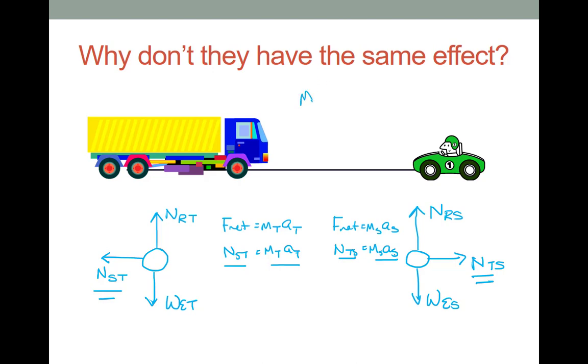One is the mass of the truck is going to be much greater than the mass of Sir Speedy. And because of that, the acceleration of the truck will be much less than the acceleration of Sir Speedy. Okay, which is bad for Sir Speedy.